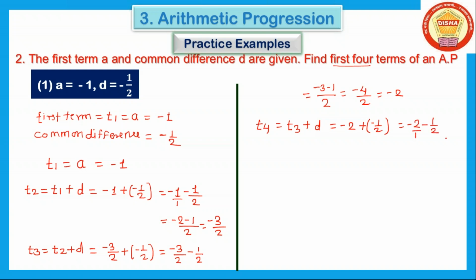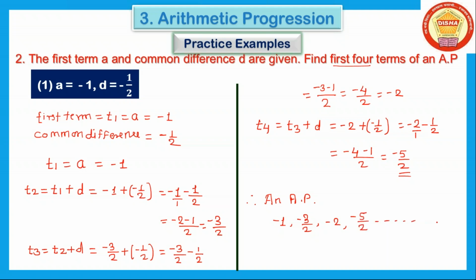Again here the denominators are different, so again we do cross multiplication, negative 4 minus 1 upon 2, that is equal to negative 5 upon 2. This is our fourth term. Therefore the AP we get is: first term is minus 1, second term is minus 3 upon 2, third term is minus 2, and fourth term is minus 5 upon 2.